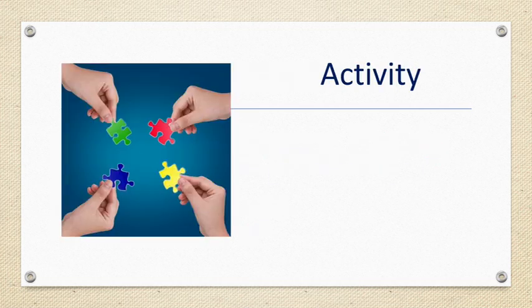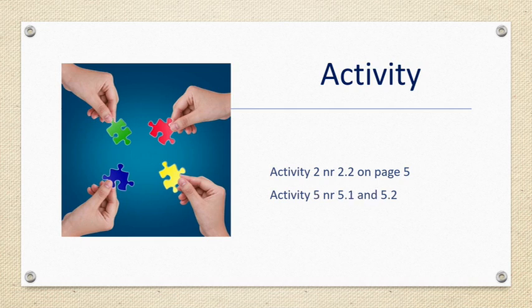We are going to look at activity 2, number 2.2, the same one that we just did, but only number 2.2. We've done 2.1, which was the statement of comprehensive income. Now we're going to do the notes for capital and current accounts, as well as activity 5, number 5.1 and 5.2.